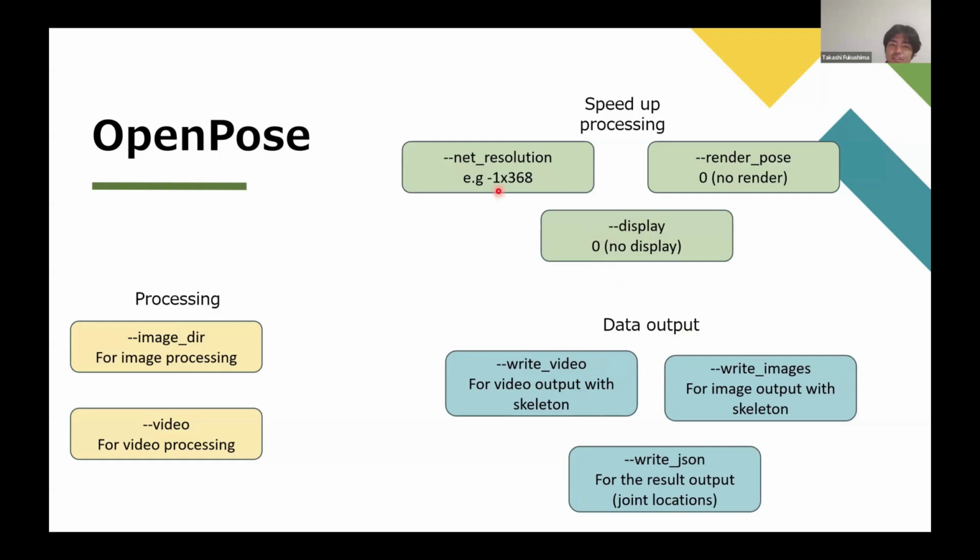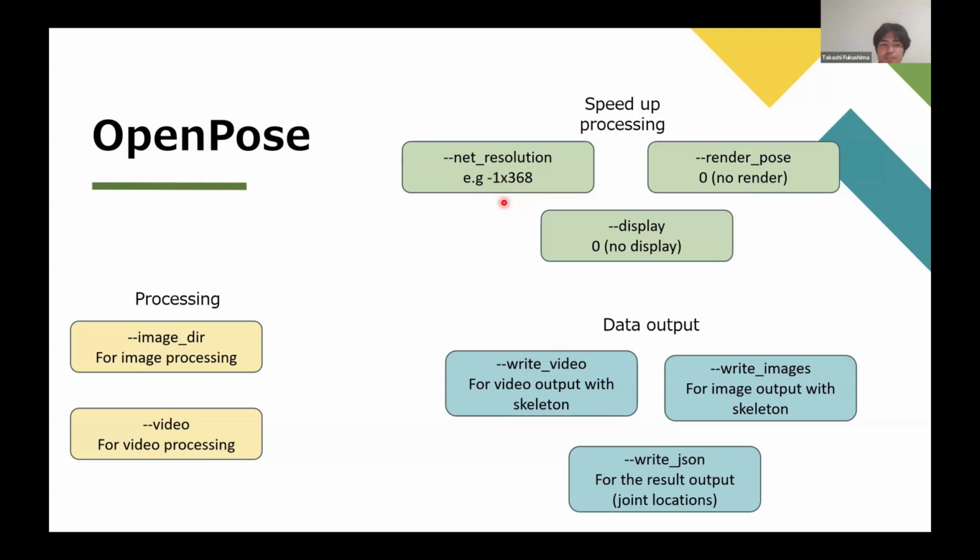Also, for the net resolution, you can play around with, I don't know, 600, 400, 200. It depends on how fast you want the processing to be. So -1 means it keeps the ratio.